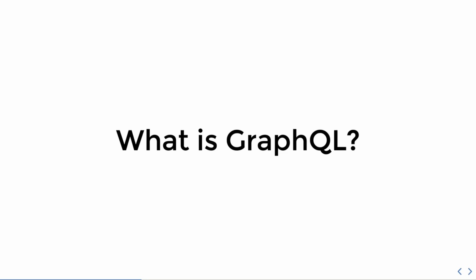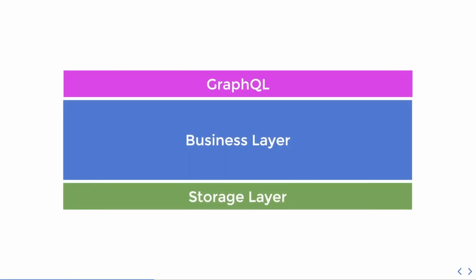So what is GraphQL actually? GraphQL is a query language for your API, and runtime to fulfill those queries. And when we look at how GraphQL actually works, we ideally would put a thin GraphQL layer on top of our business layer. And GraphQL is a great way to expose our business layer and make it work in a service way.